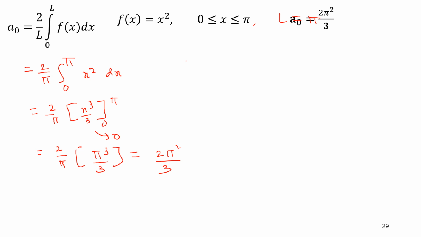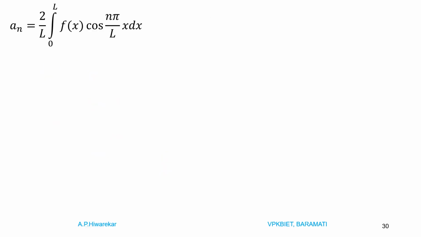After this, we will calculate the value of an, which is given by an is 2 by L integral of f(x) into cos of n pi x by L dx, where f(x) is x square, and the interval is 0 less than x less than or equal to pi.